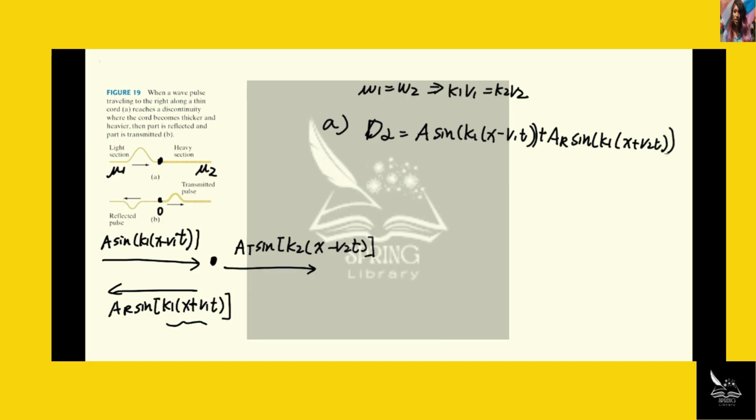Because it's very close to the knot, x is almost 0, so we can treat x as 0. So now this becomes A times sine of negative k1 v1 t plus A_R times sine of k1 v1 t.